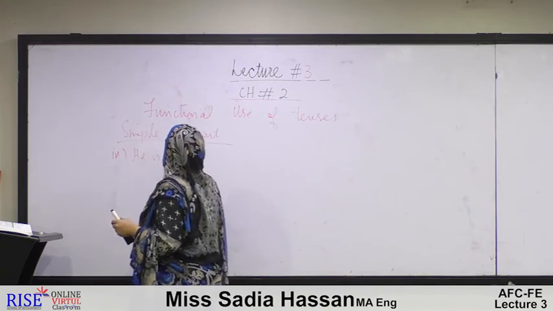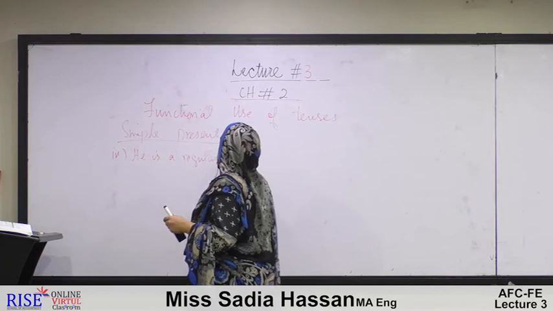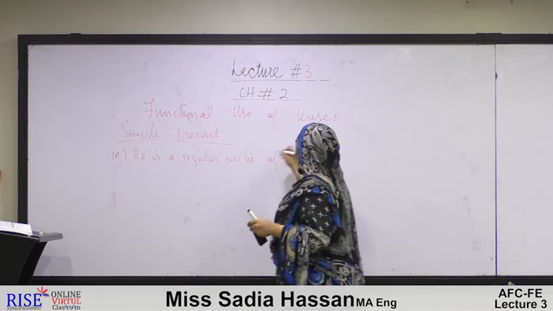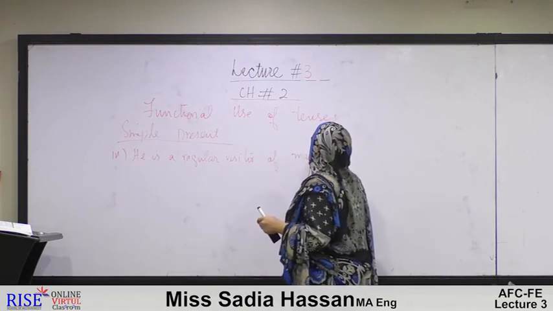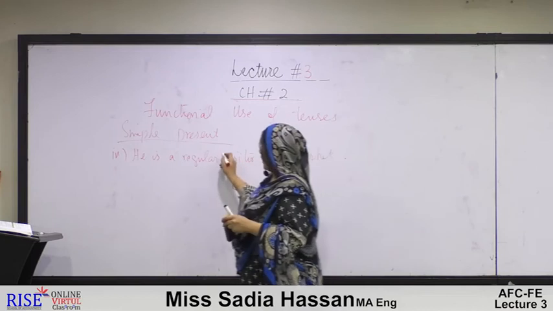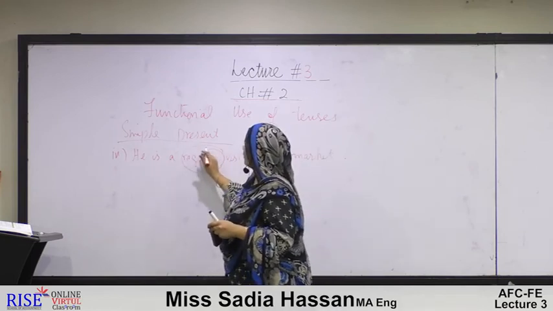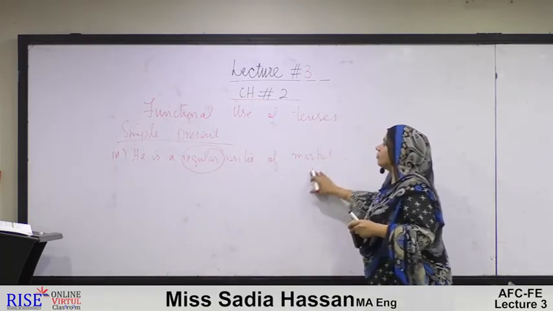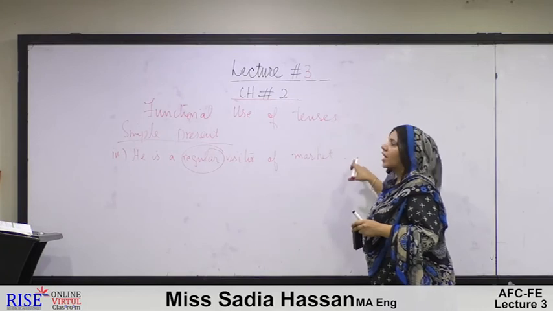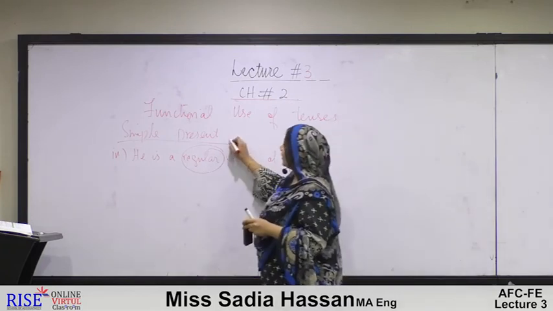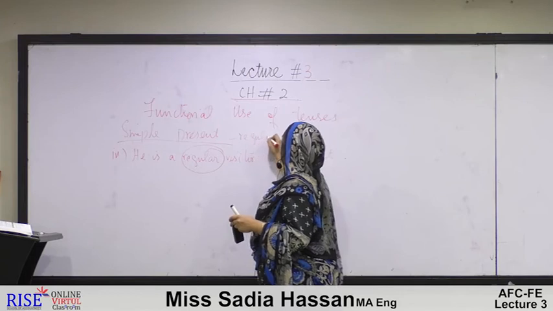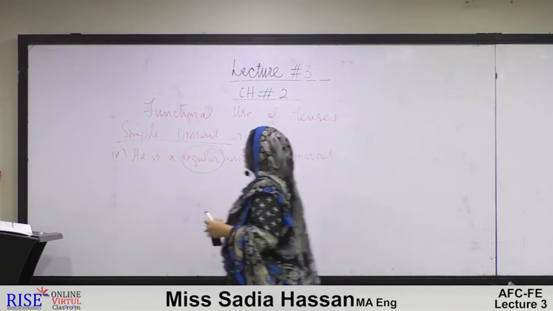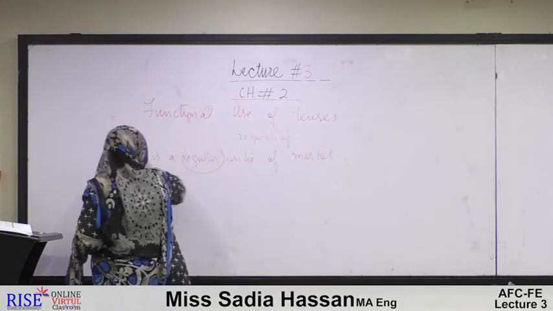He is a regular visitor of markets. If I do not use this regular word, and if I say he is a visitor of markets, that shows the habitual or regularity of an action, and that is called the fourth use of functional use of simple present tense. Fine.